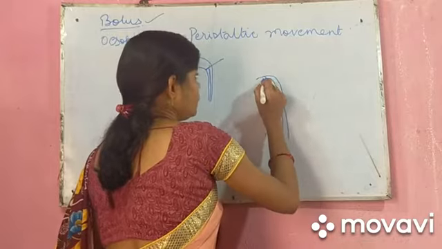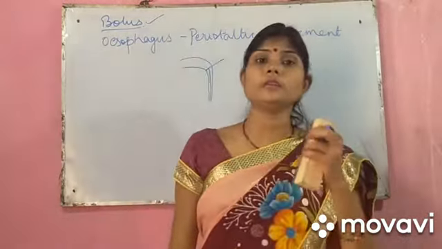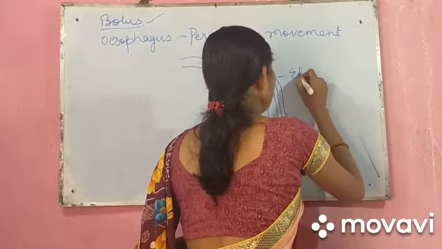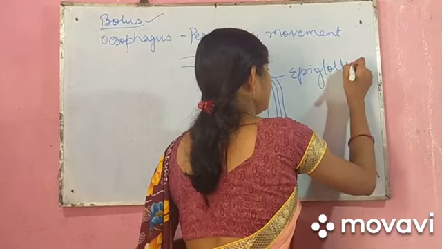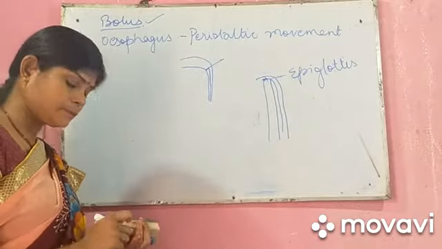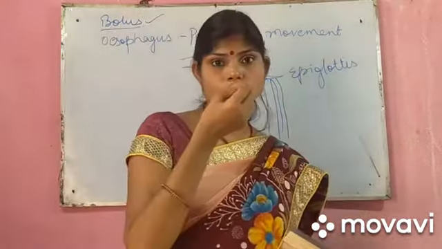So this cover, which helps in preventing food from entering our trachea, is known as the epiglottis.